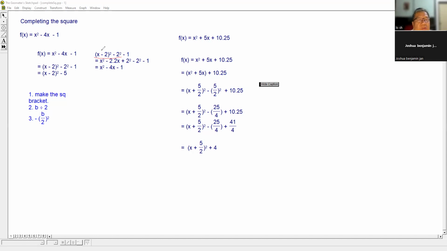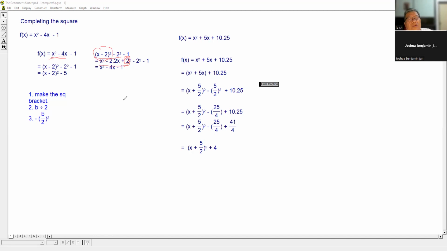The reason is that when you expand the first bracket, you will get 3 terms, not only 2 terms. The extra term is 2 squared. So I have to minus the 2 squared here, so that the two can cancel off, and I get only minus 1.